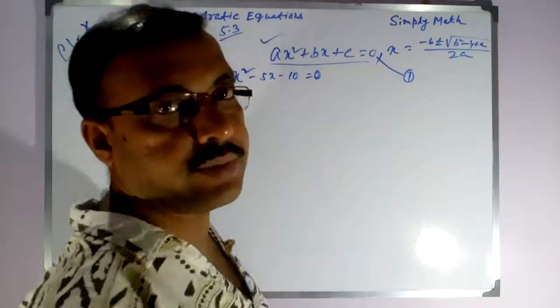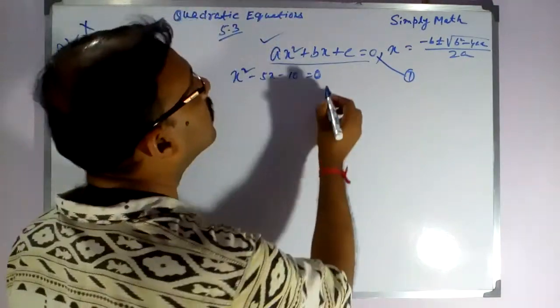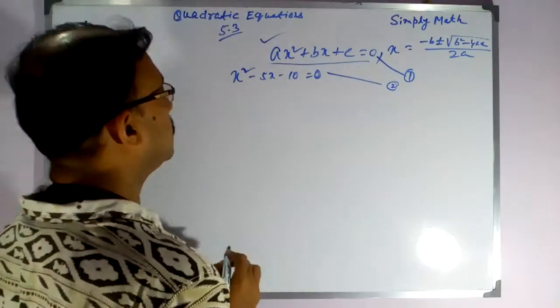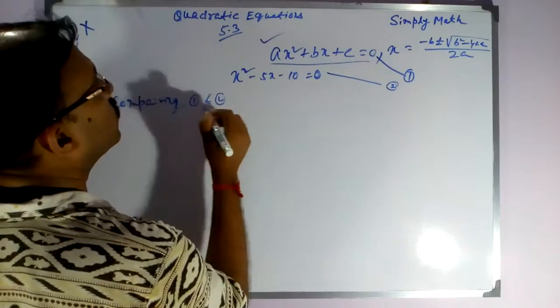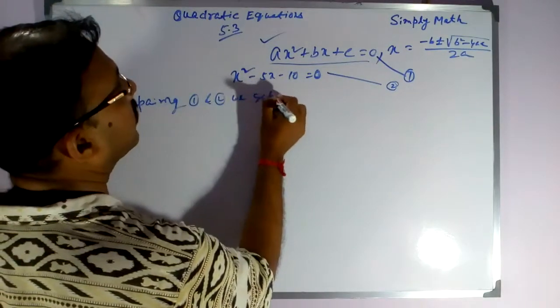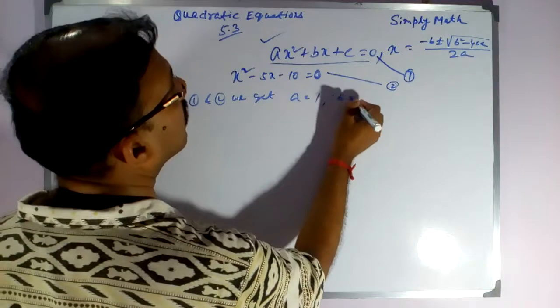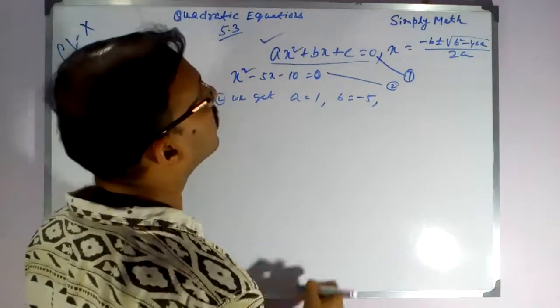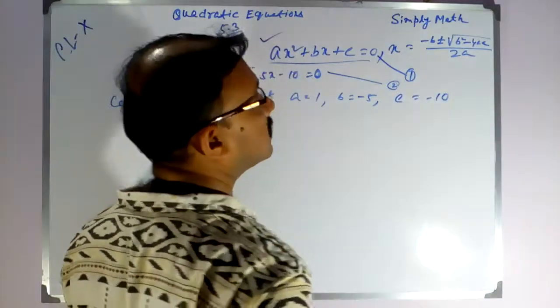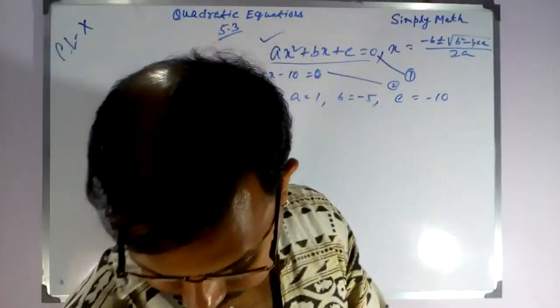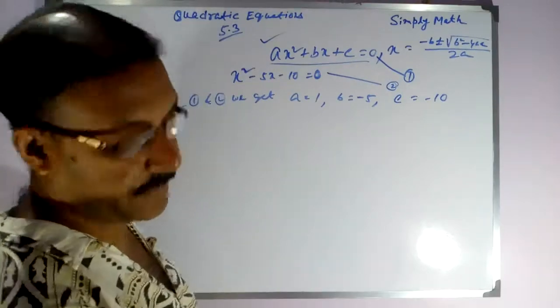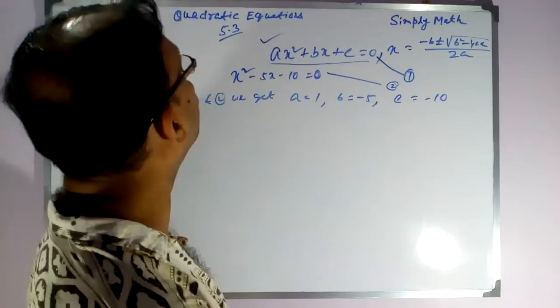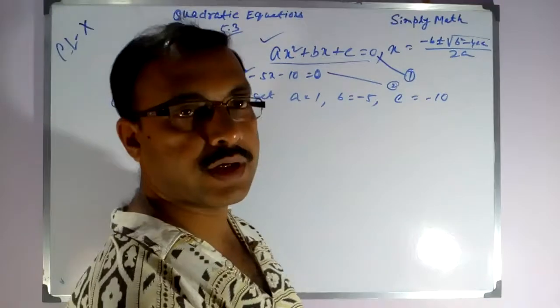So again the same method we will apply. Comparing 1 and 2, we get a is equal to 1, b is equal to minus 5 and c is equal to minus 10.